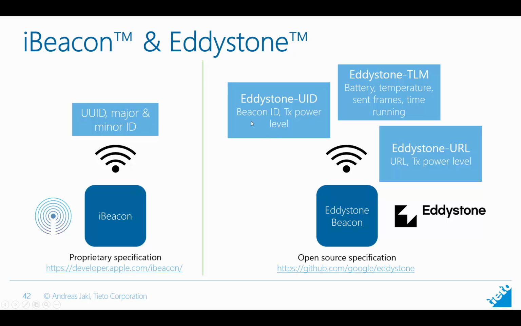So it will send an ID as well, and also the power level. So how strong is the signal that the Bluetooth beacon sends out, which is important for you to measure the distance that you have to the beacon, because the phone will actually also tell you how strong was the signal that you received, and if you know how strong the signal was when it was sent, you can actually find out how far are you away from the beacon.